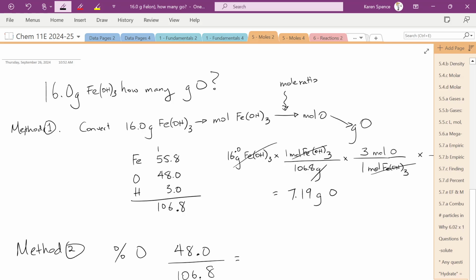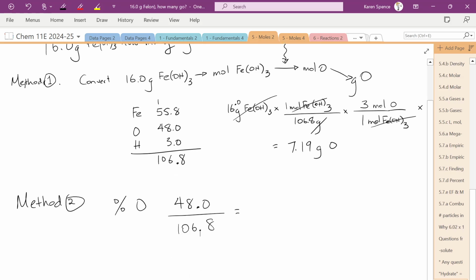I'm going to leave it in its decimal form because I'm going to multiply with it anyway. I'm putting grams of O over grams of FeOH3 so I know what I'm talking about, because otherwise whoever looks at it later won't know. 48 divided by 106.8 equals 0.44944.